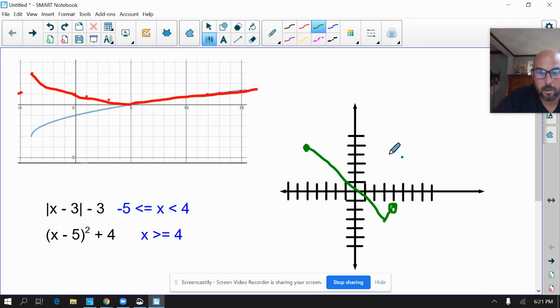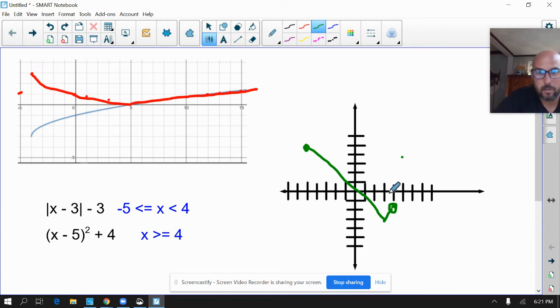That's the bottom part of this parabola. But this parabola begins when x is 4. So if you plug in 4 into x, 4 minus 5 is -1. -1 squared is 1. 1 plus 4 is 5. So when x is 4, the y value is 5.